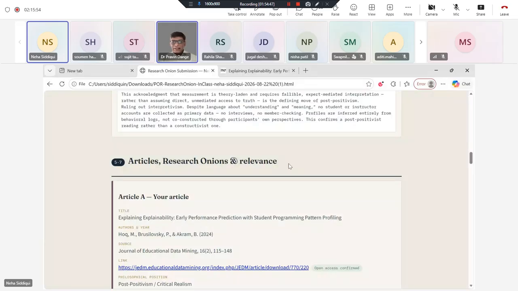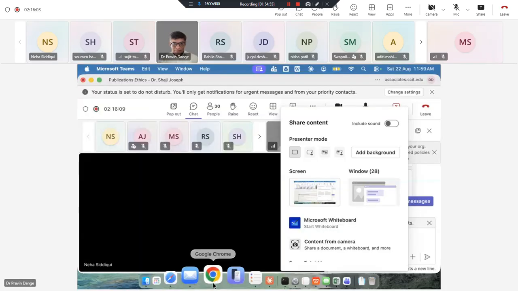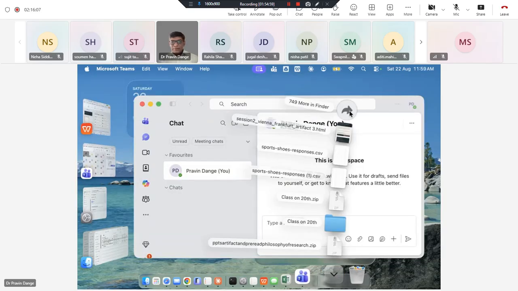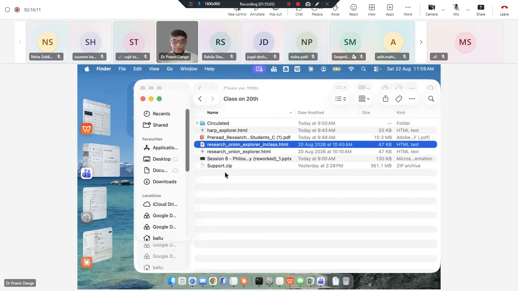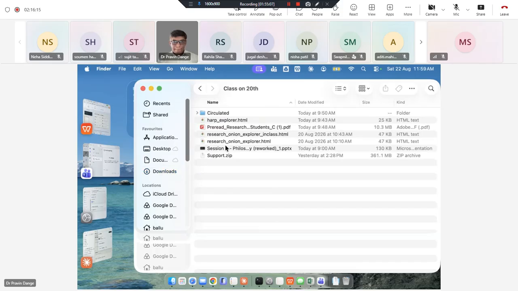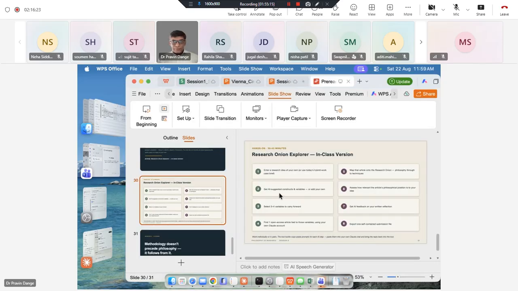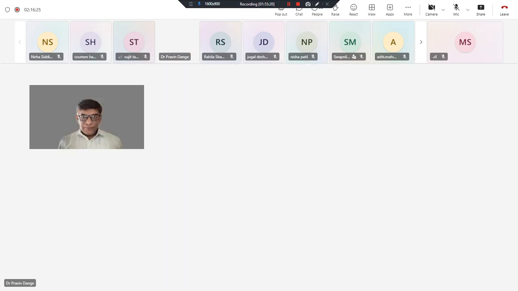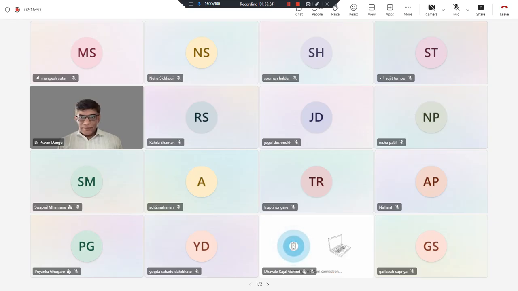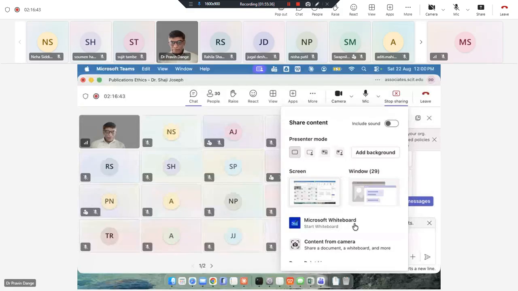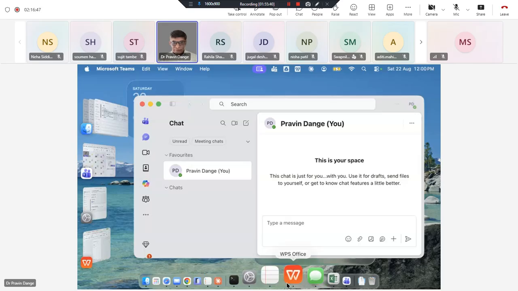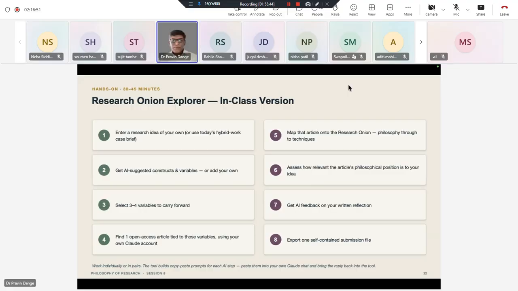Article. Yeah, I'll share, and I will just stop sharing. Oh, I need to share that article. One second. Share. Yeah, this is the article. Screen.